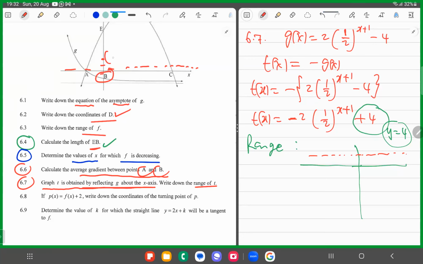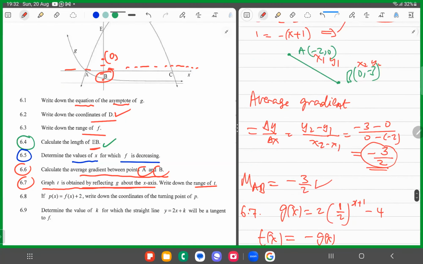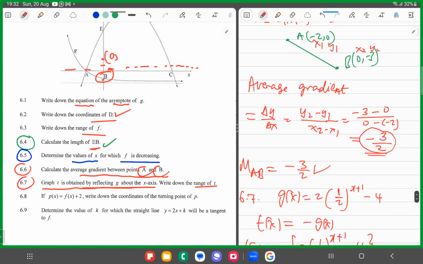So that would be when x is 0, y is something. What is y? Obviously, the coordinates of B were obtained before. And what would you get them to be? 0 minus 3, so it will just be 0, 3. You just multiplied the y by negative, so that it becomes positive 3.